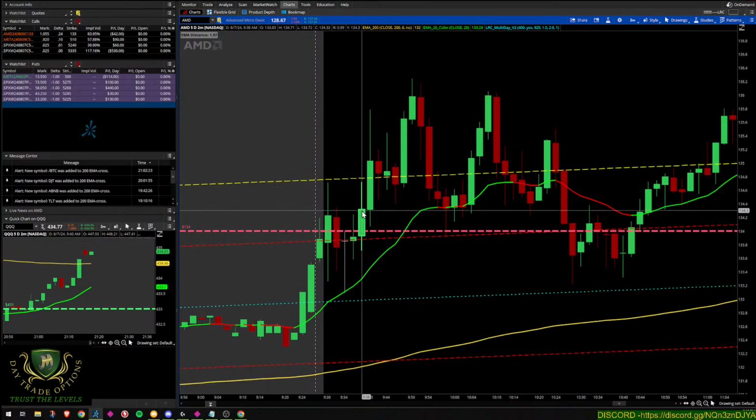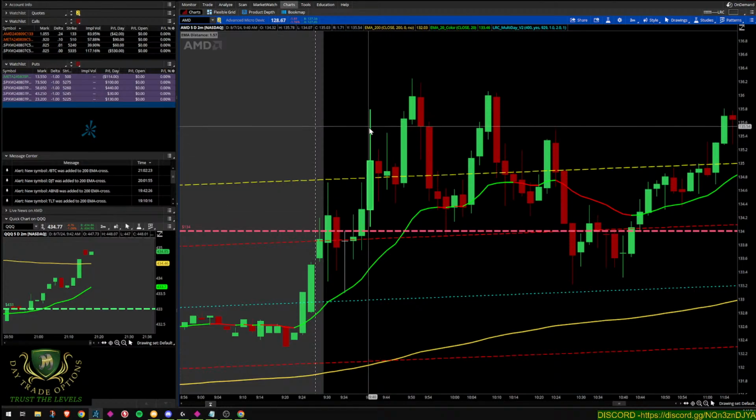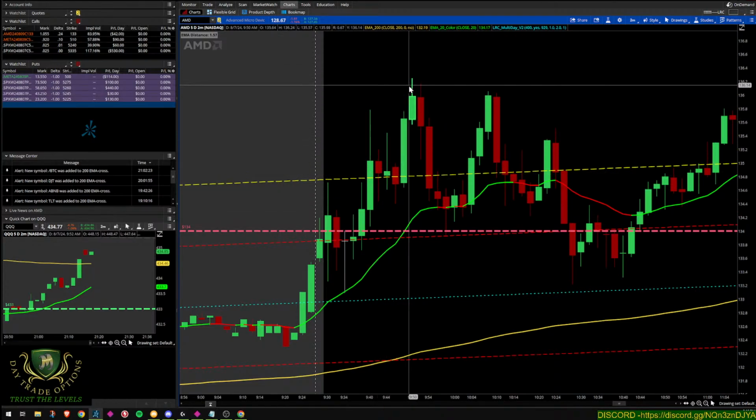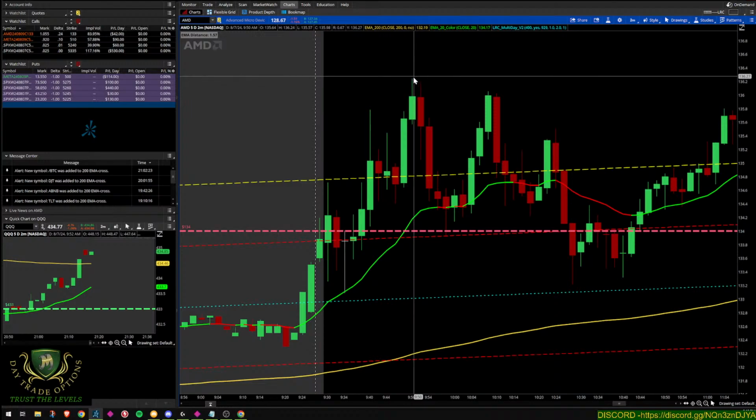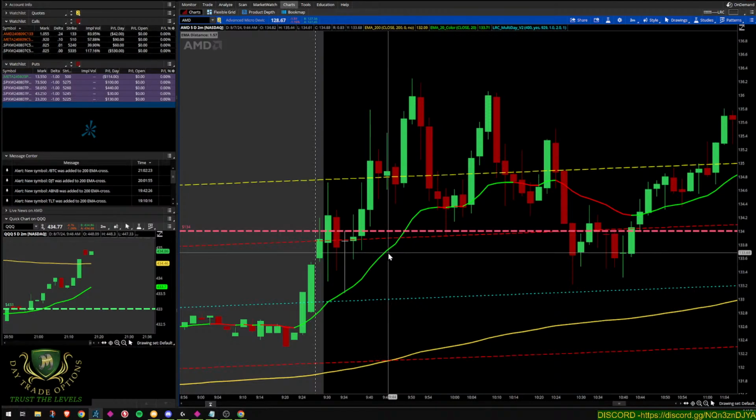At this point I only bought two, and I held, and I sold right here for my second. I got it at the very top, which only took away roughly $200. So I ended up with a $42 loss. However, I was able to make back that loss, and that was great.